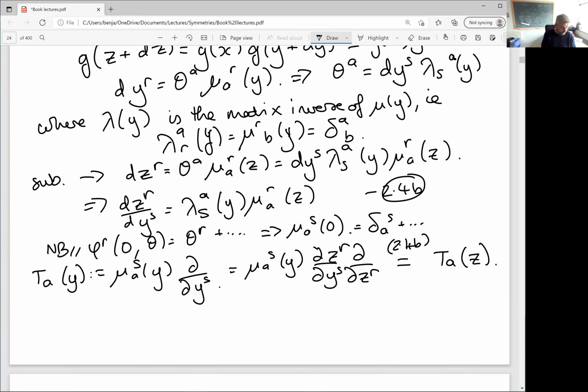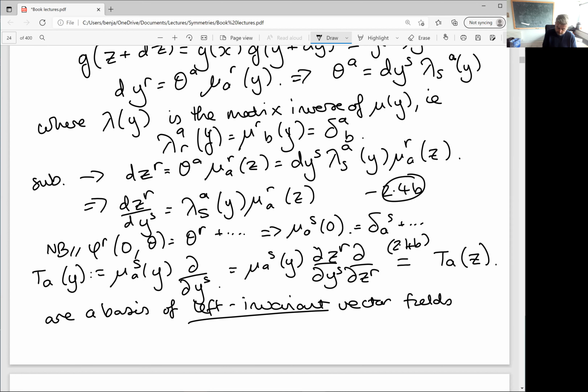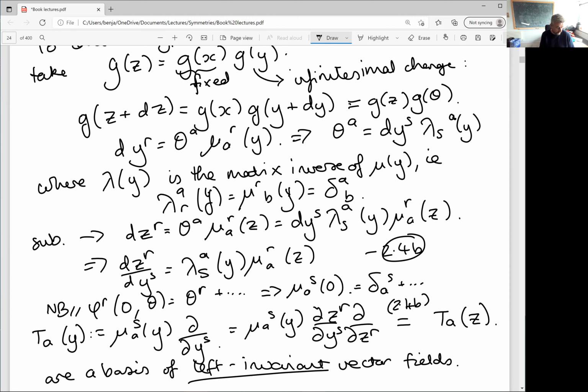So, all right, these are vector fields. These are a basis, and they're called left invariant vector fields. They're called left invariant because they're invariant under group transformations by the action of the group on the left-hand side.